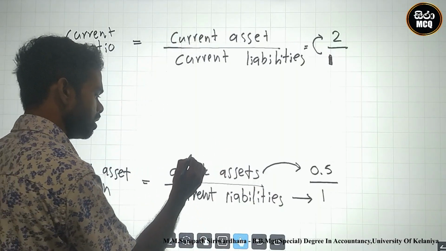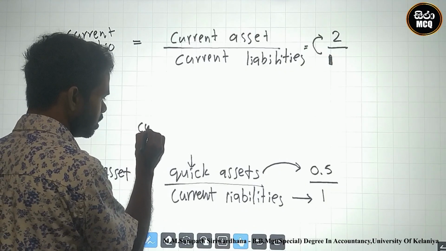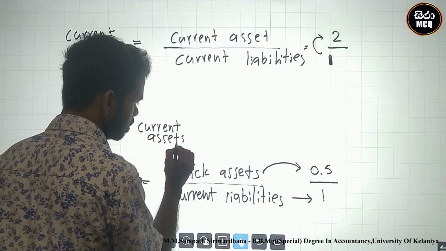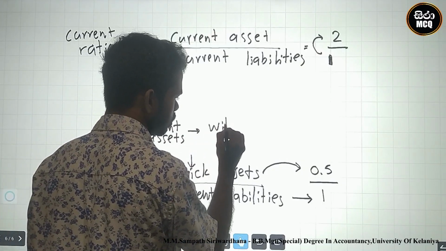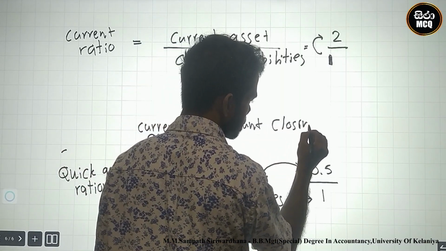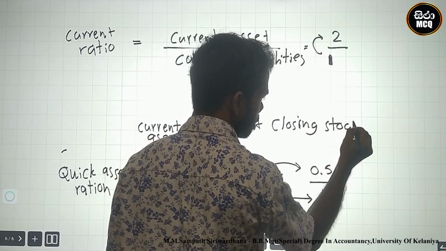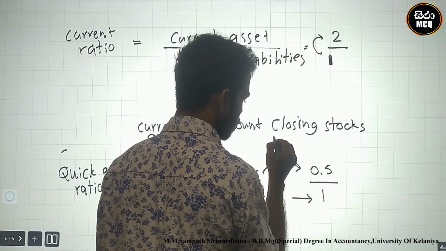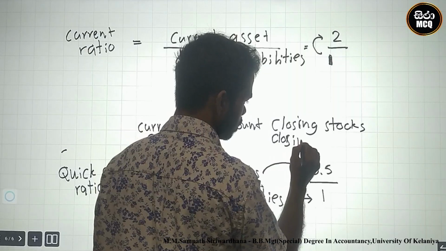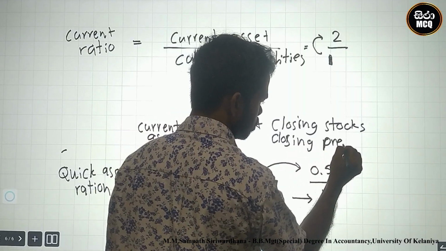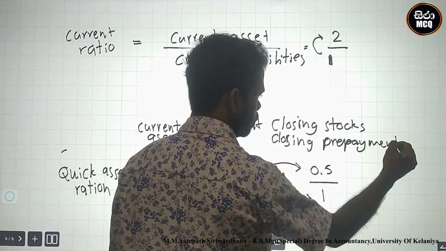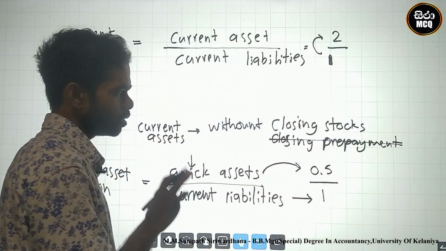What is the meaning of quick assets? Quick assets are the current assets but without closing stocks, which means inventory, and without closing prepayments. Ignore closing prepayments and closing inventory.